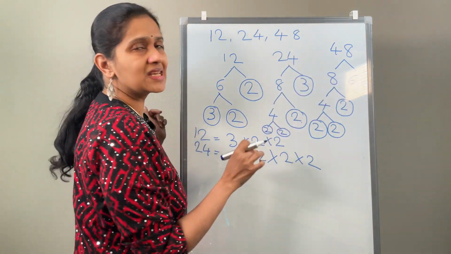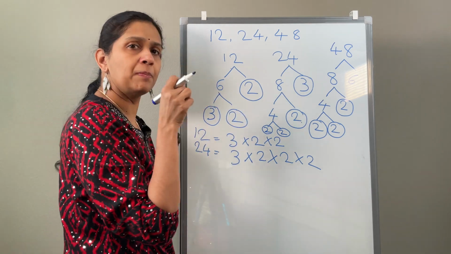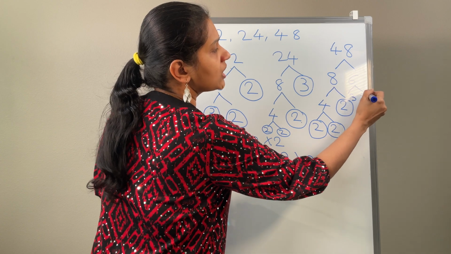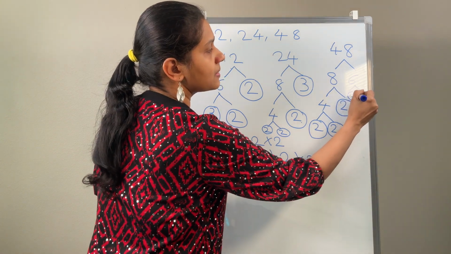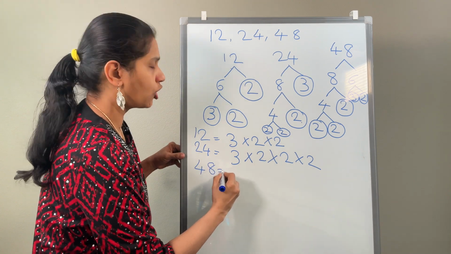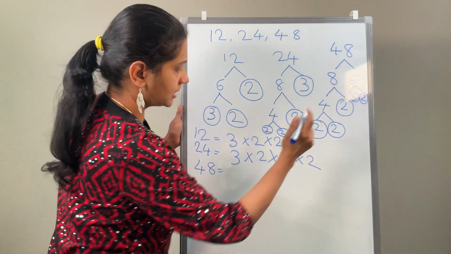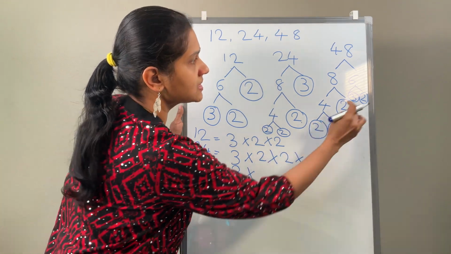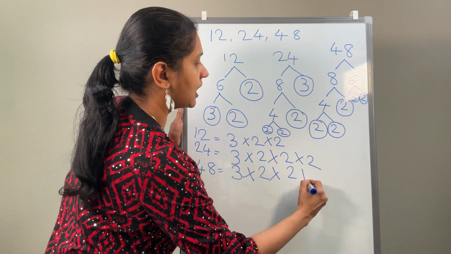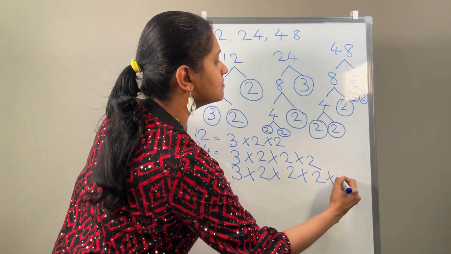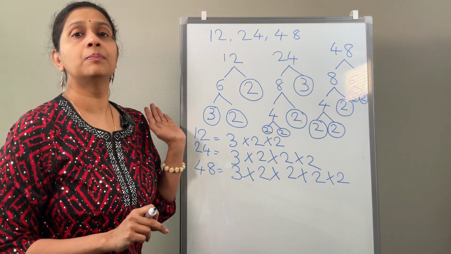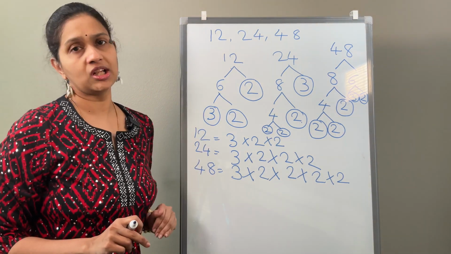But now what about 6? It's a composite number. So you have to further break it down as 3 times 2. Now you can see 2 is a prime number, 3 is a prime number. So what is going to be the prime factorization of 48? 3 times 2 times 2 times 2 times 2. Now you have found the first step, that is you did the prime factorization of all these numbers.